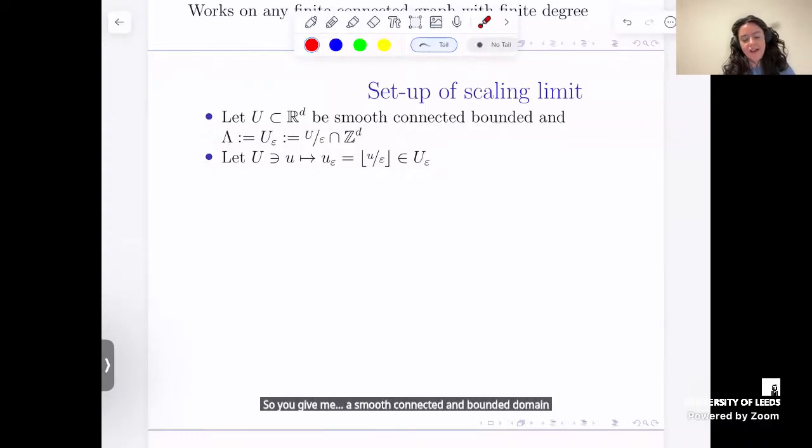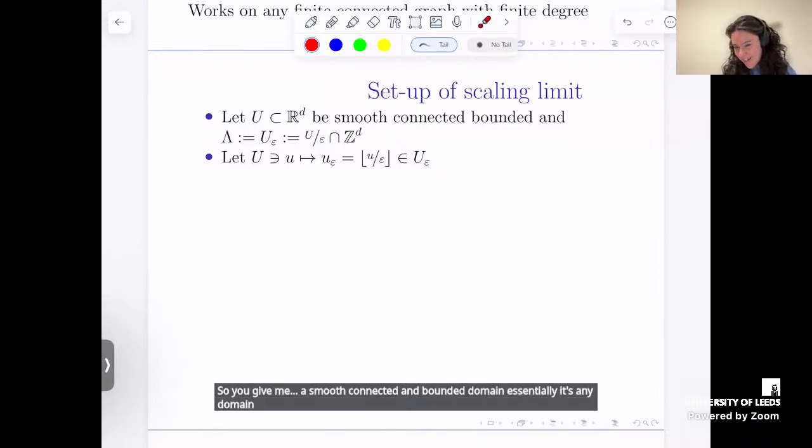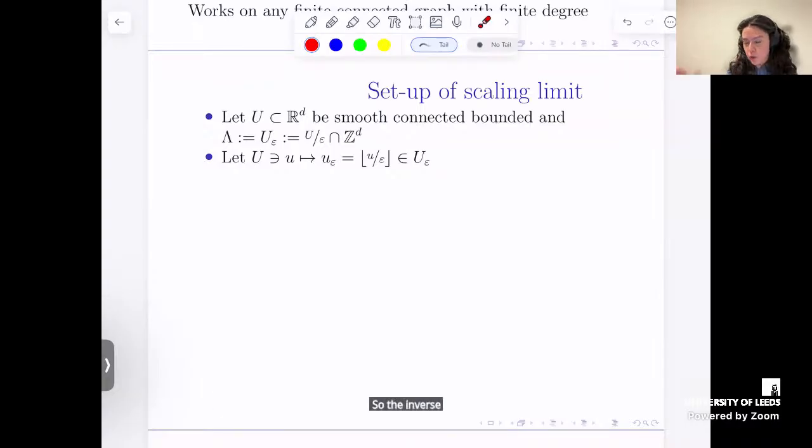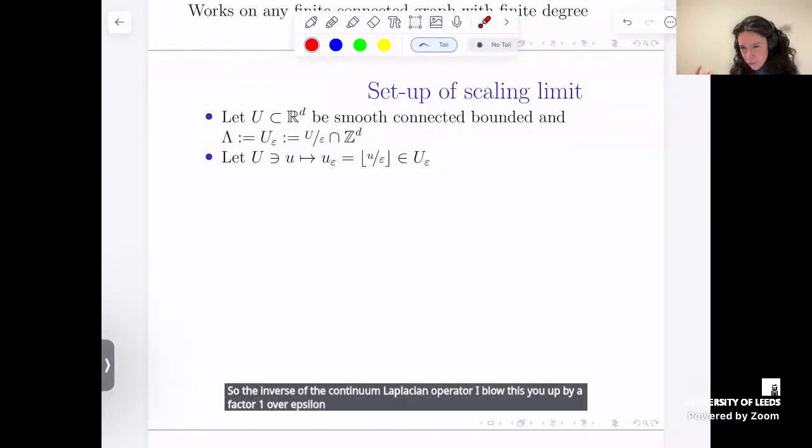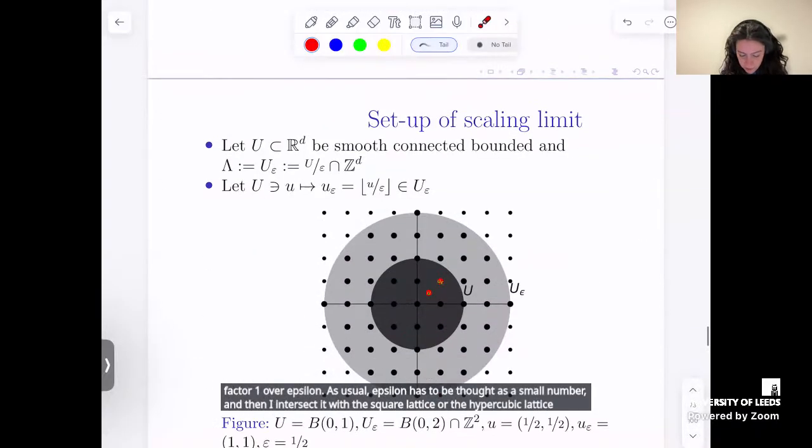Essentially, it's any domain of R^d where I have a continuum Green's function, so the inverse of the continuum Laplacian operator. I blow this U up by a factor 1 over epsilon. As usual, epsilon has to be thought of as a small number, and then I intersect it with the square lattice or the hypercubic lattice. Again, I always prefer pictures.